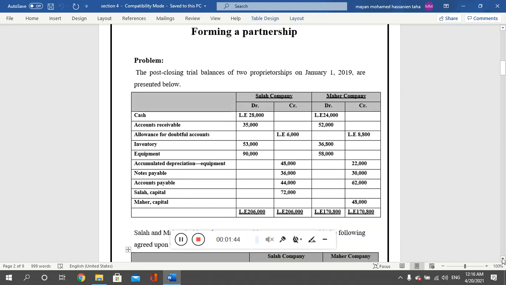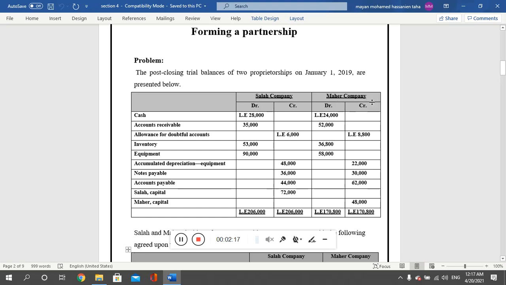In this table, this is the trial balance of the sole proprietorship of each partner, Salah Company and Maher Company, each partner alone. Salah's trial balance is in the first two columns, and Maher's in the third and fourth columns.